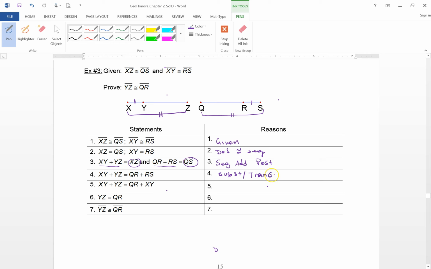So do you just cross off the equal, like XZ and QS, you just cross them out? Well, mentally, yes, okay? So now, XY plus YZ is QR plus XY. So what have we done here? We've substituted XY for RS.